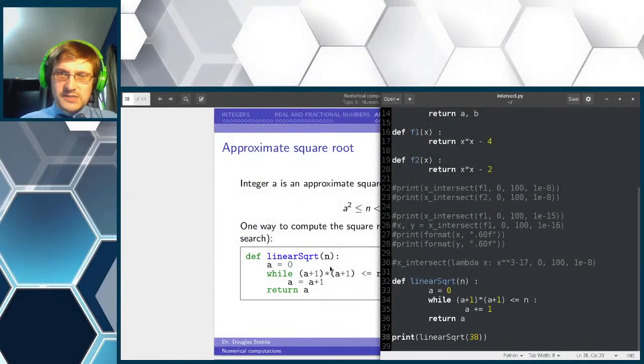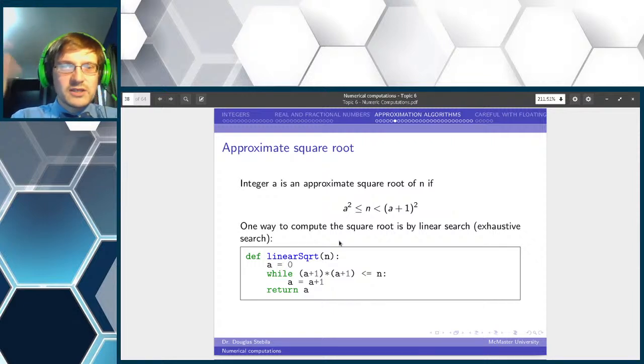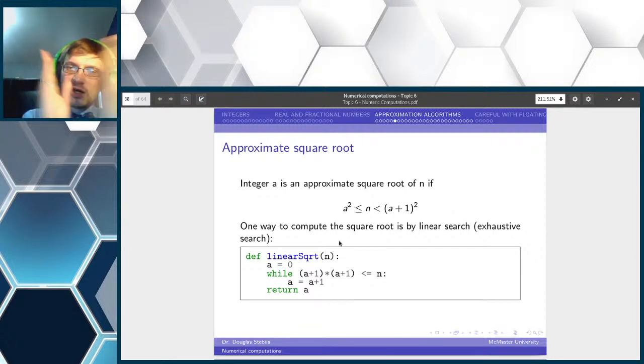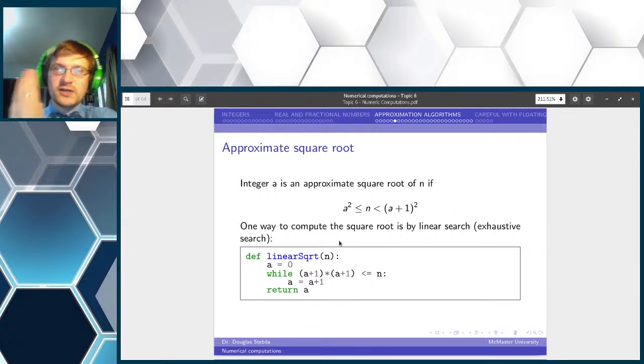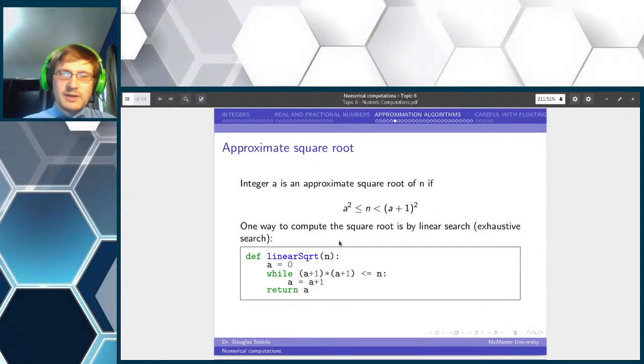So that's your approximate square root. And if you wanted more accuracy, you could certainly imagine an algorithm that searches through all of the tenths, and then the hundredths, and the thousandths, each of those smaller and smaller place values, in order to come up with a better and better approximation of the square root.